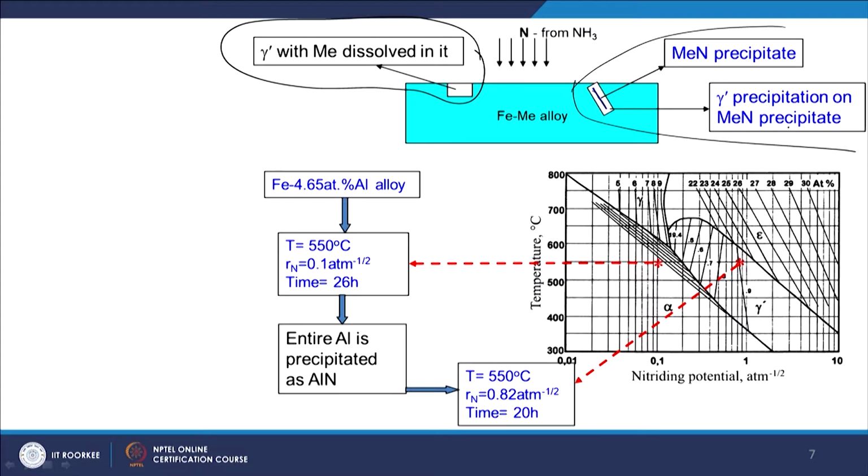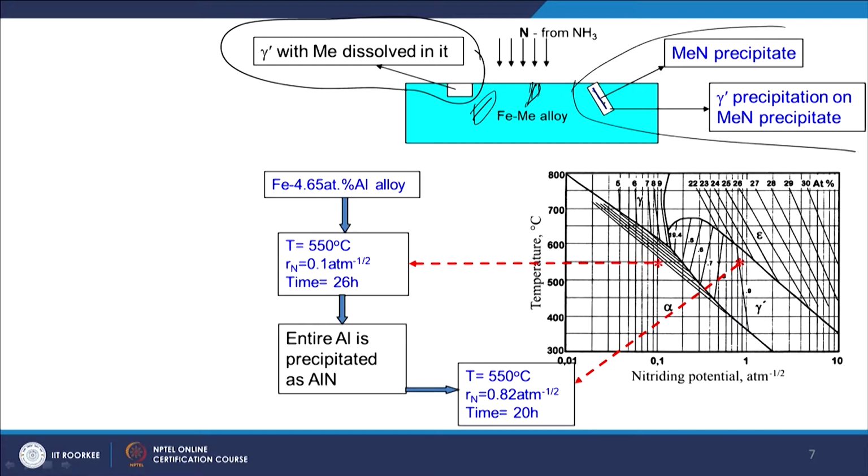If such a situation is happening, then we expect to see the needle or plate-like growth of the iron nitrides, because these alloying element nitrides may be growing here and there, and on top of them you can always grow the iron nitride. That may explain it.